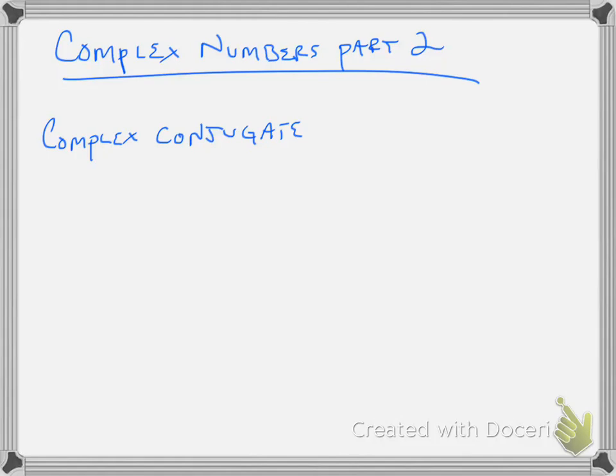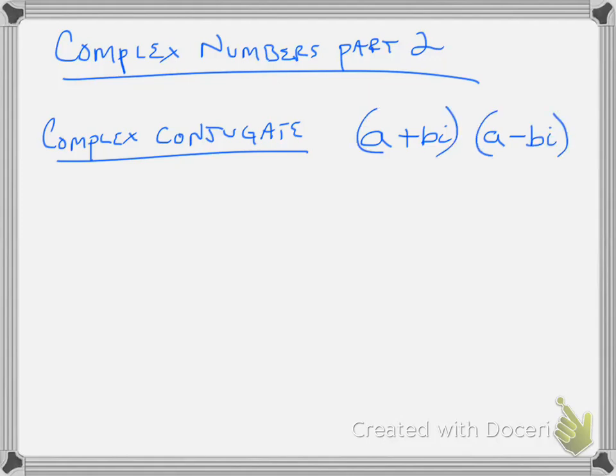And complex conjugates are when the i term is the opposite sign. So if I have a plus bi, its conjugate is a minus bi. So a plus bi and a minus bi are complex conjugates.